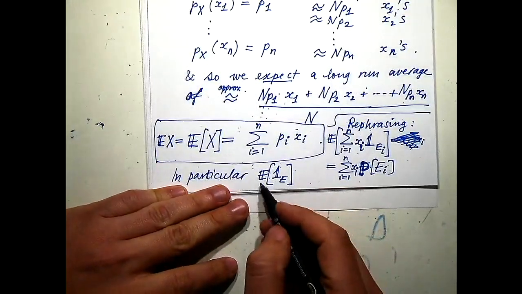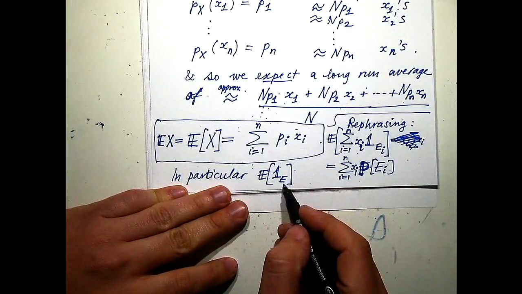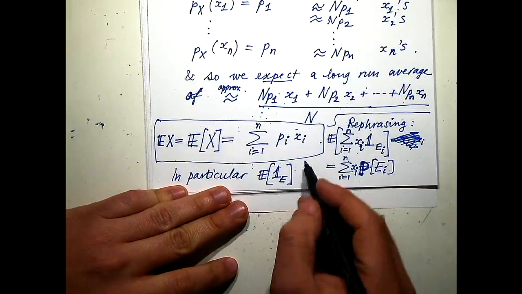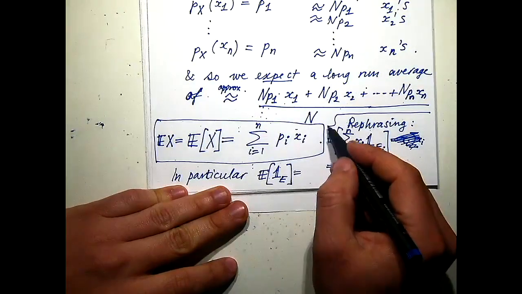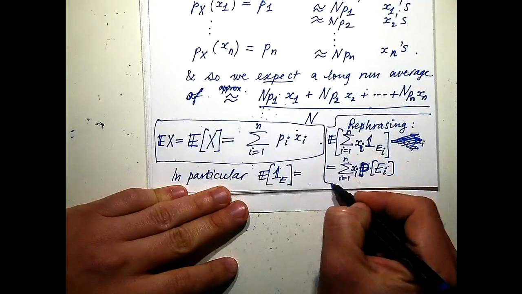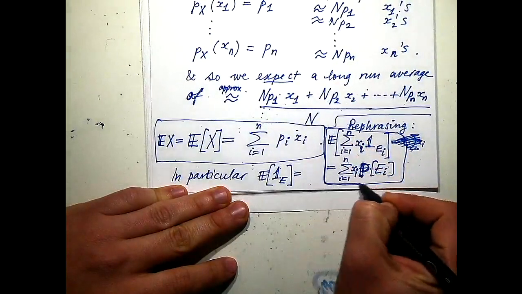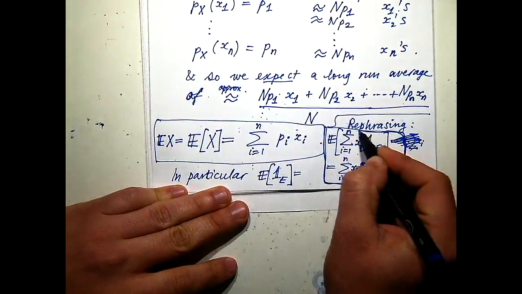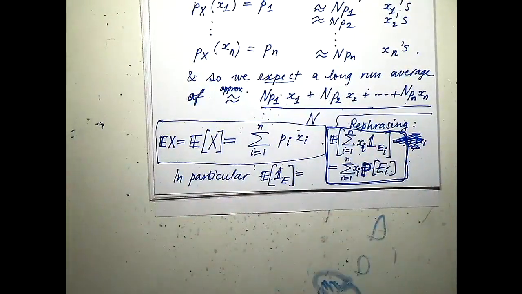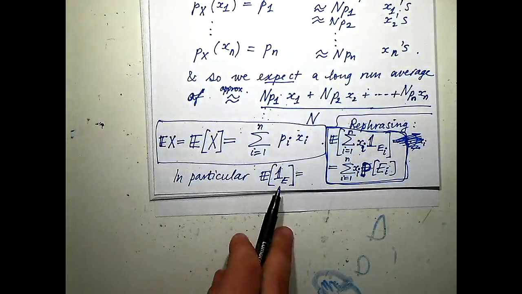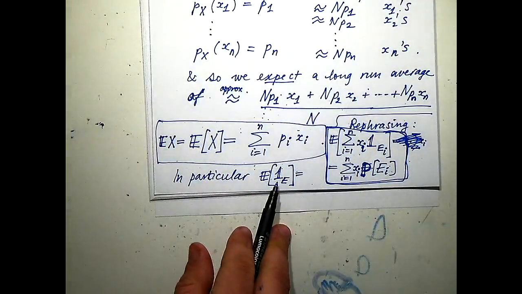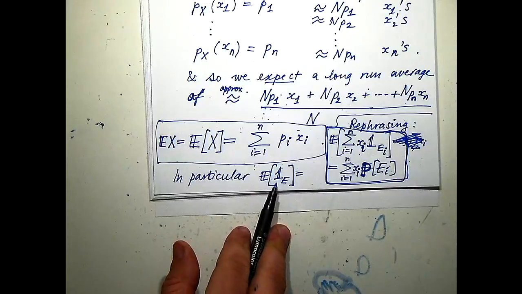So the expected value of the indicator variable on an event E, I know this is kind of abstract, but can anyone figure out what that is going to be? Remember, the indicator function of an event E is certainly a discrete random variable with finitely many possible values, and in fact it only has two possible values, 0 and 1.